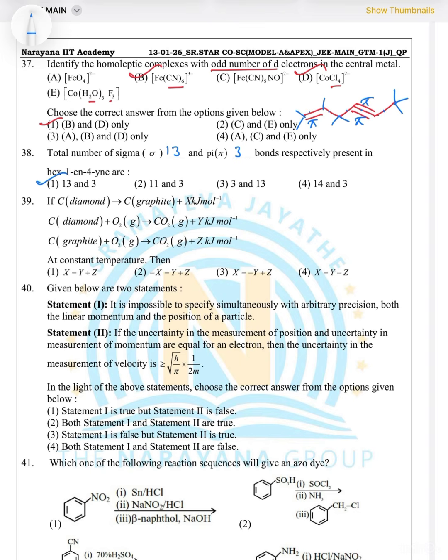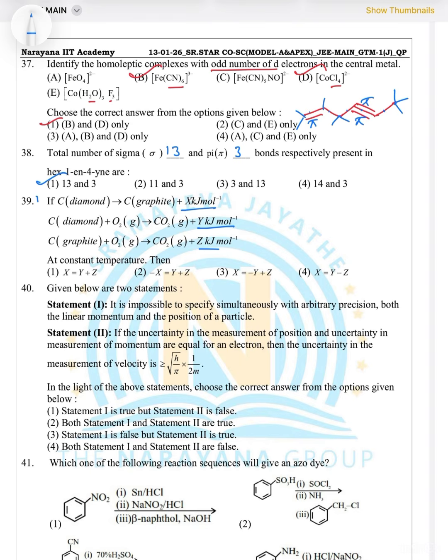39. If C diamond is converted to C graphite, X kilojoule per mole of energy is liberated. Diamond reacts with oxygen, gives carbon dioxide, and Y kilojoules per mole of energy is liberated. And graphite on oxidation gives carbon dioxide plus Z kilojoules of energy released per mole at constant temperature. Then to get the first reaction, you have to subtract the third reaction from the second.